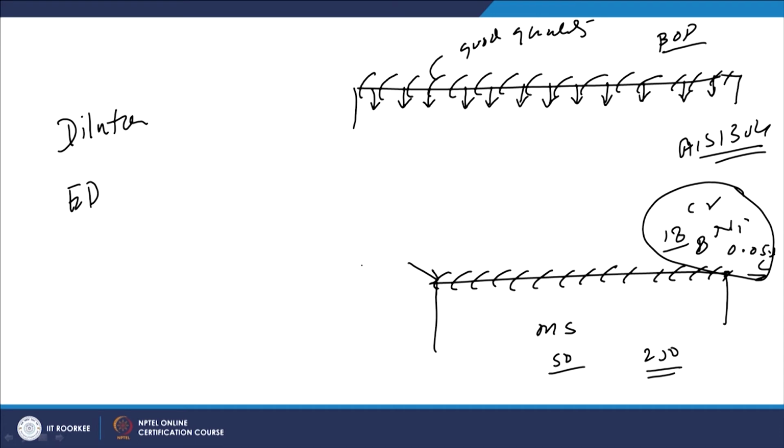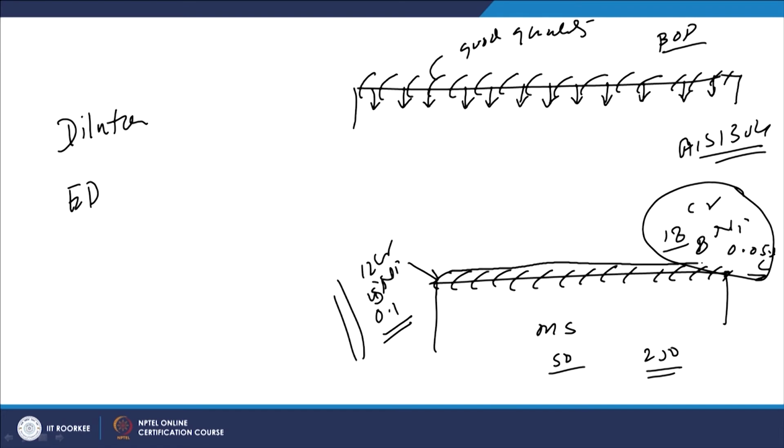Chromium content may come down to 12%, nickel may come down to 4% or 5%, and the carbon content may increase because mild steel has the higher carbon content, and it may reach 0.1%. So, there can be a significant change in the composition of the layer which is being applied.